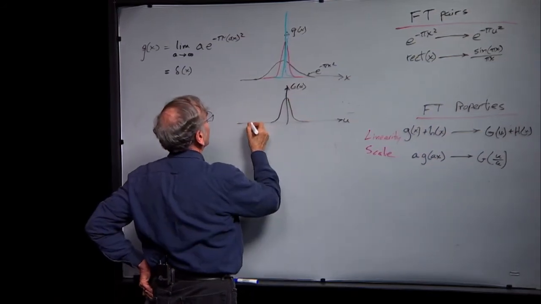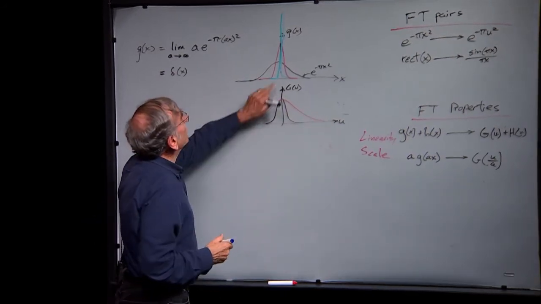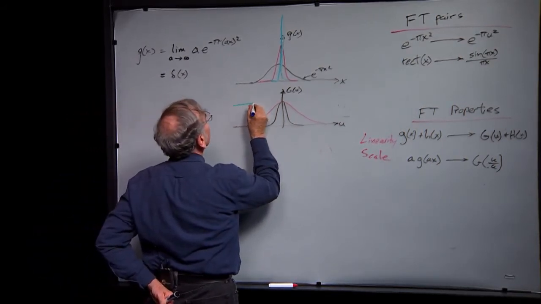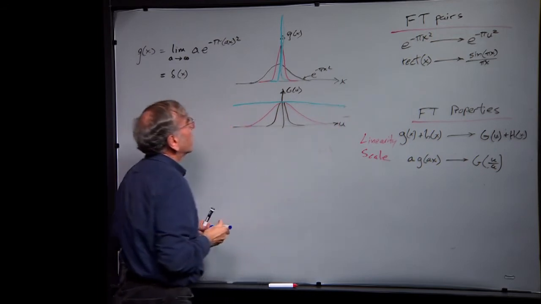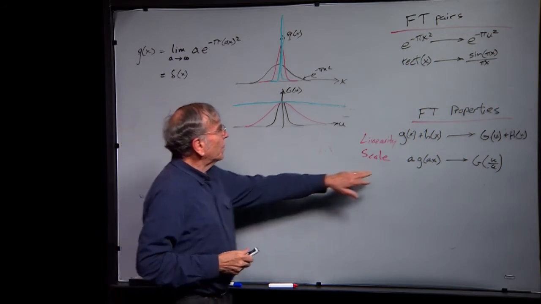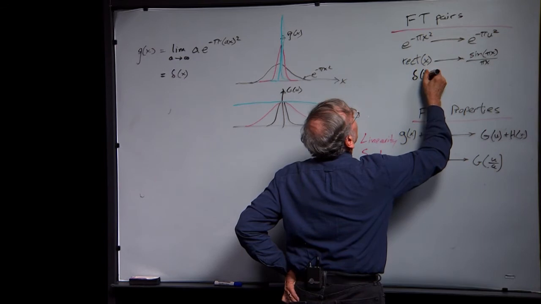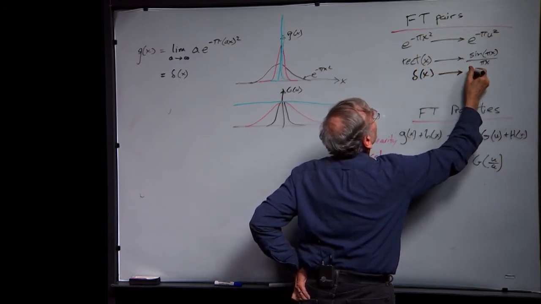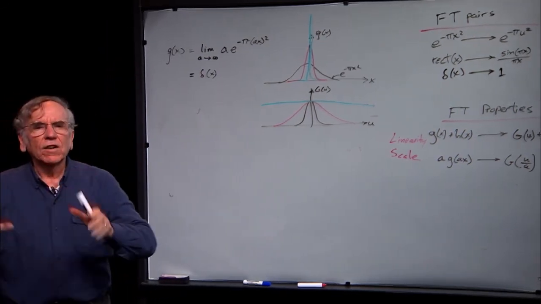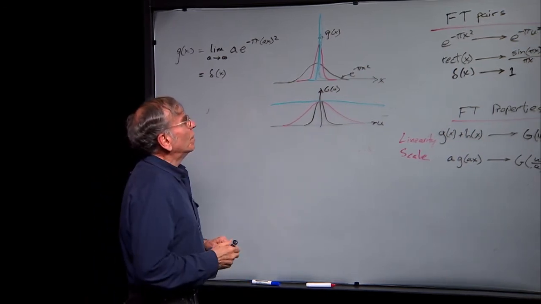Here's the broader one I get when I make a somewhat larger. As I go to this limit and make it sharper and sharper, this expanded Gaussian becomes flatter and flatter, so from the scale property we can deduce that delta of x has the Fourier transform 1. That is, the Fourier transform of the delta function is a constant function, everywhere equal to 1.